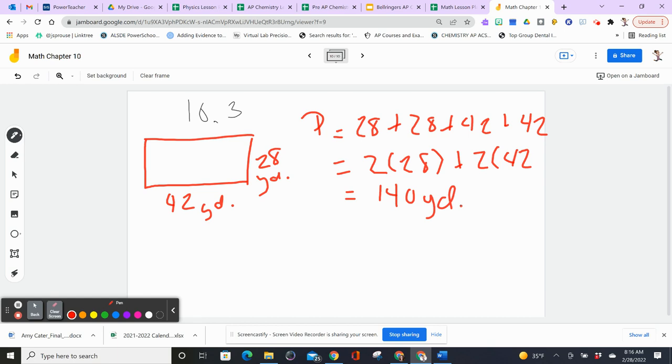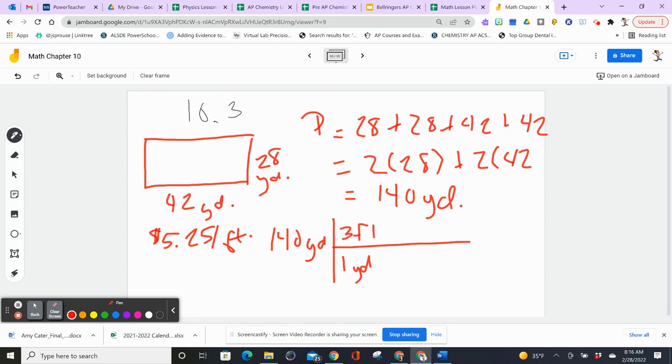And the fencing is $5.25 per foot. So what I'm going to have to do is change my yards into feet and then multiply that number of feet by 5.25. So I'm going to set up a unit multiplier. 140 yards, in 1 yard there are 3 feet.